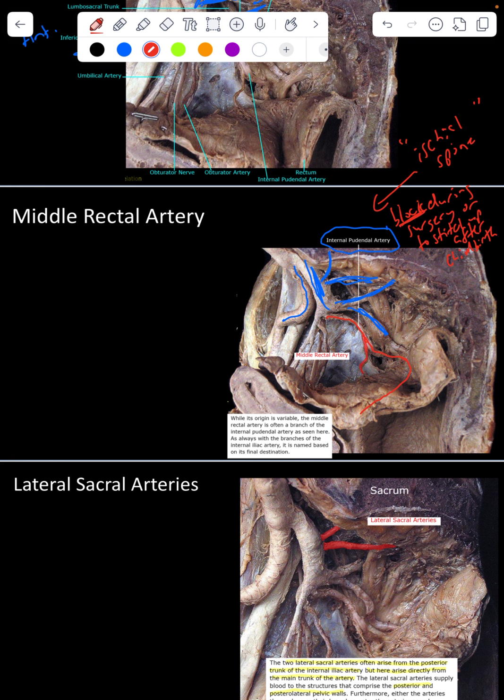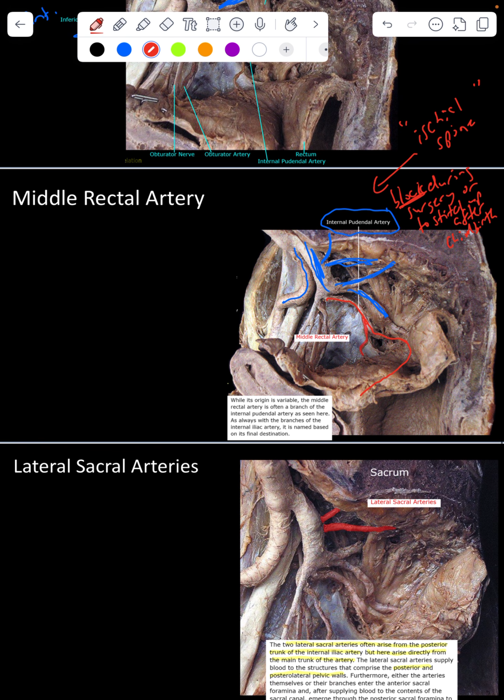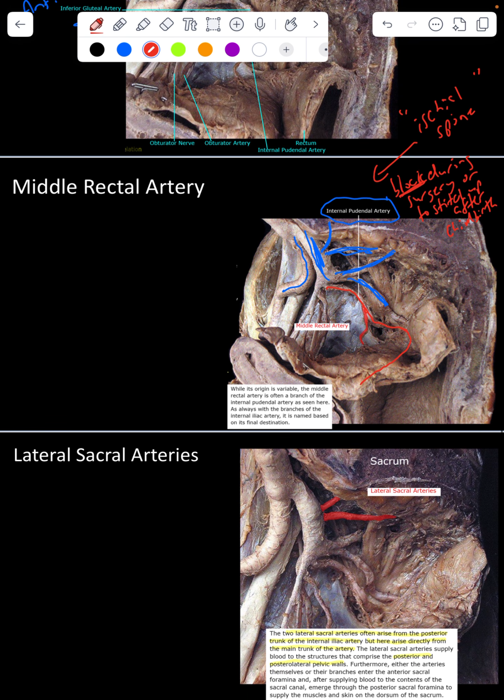You block the nerve, not the artery. So off of this artery, you'll get the middle rectal branch that goes to the rectum. So middle rectal comes off of internal pudendal artery.